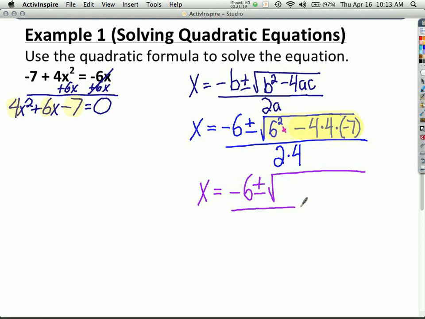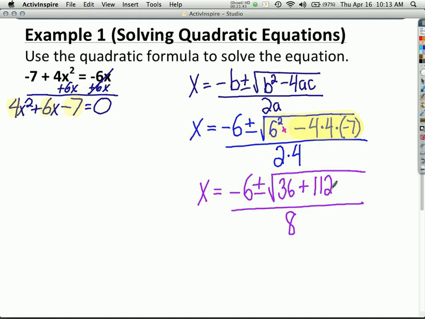The whole thing is going to be over 8. But now we're going to fill in what's left. 6 squared is 36 plus whatever the result of this is. What was the result of -4 times -7? What'd you get, Ethan? 112. It's 112. So it's 36 plus 112 because it turned positive.